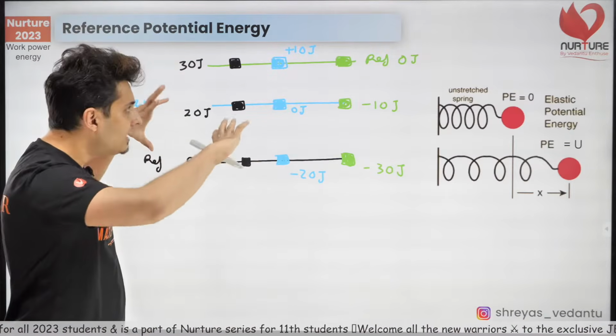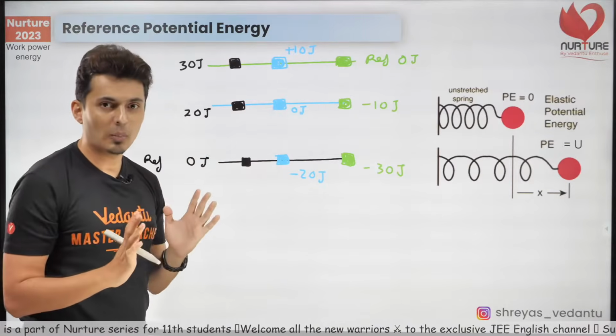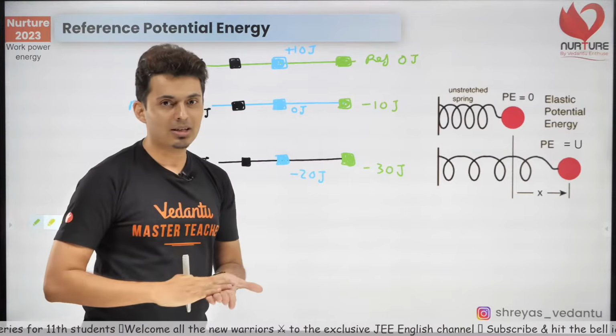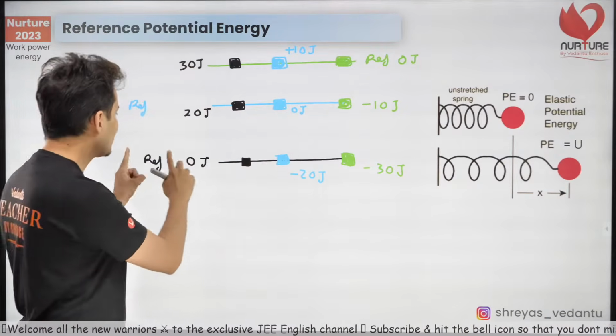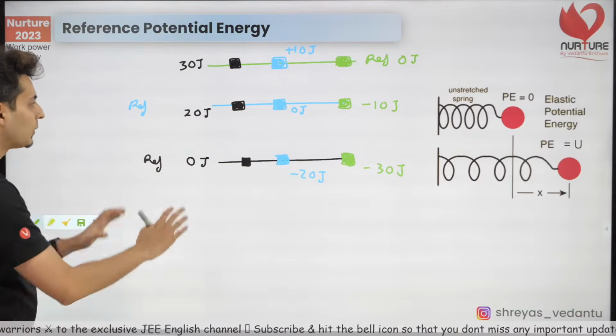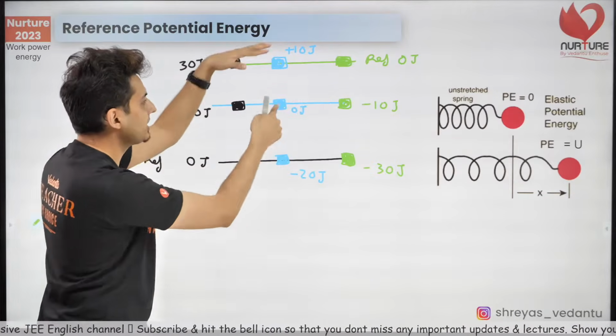So you can take any situation, be it here, or there, as 0 potential energy, and you can talk about the relative potential energy with respect to that situation, which is called the 0 reference, where you are assuming it as 0.